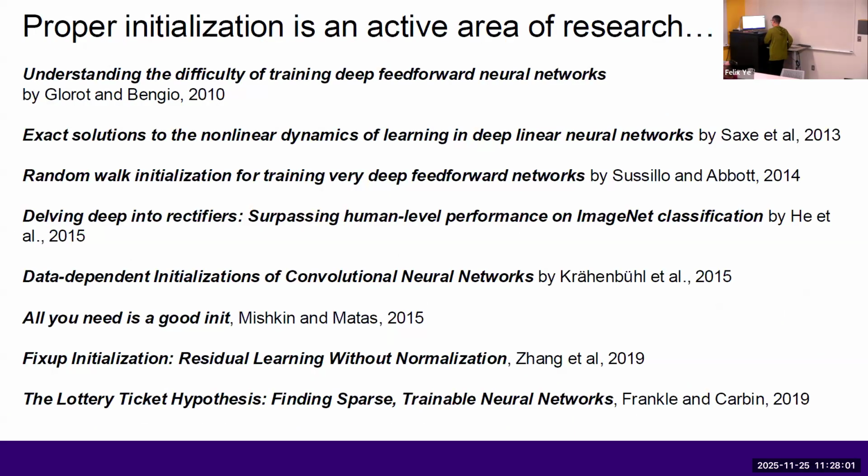So proper initialization was a very active research area until pretty recently. It was a very good area to work on 7 or 8 years ago, but probably not anymore. Deep learning is a field that evolves extremely fast.